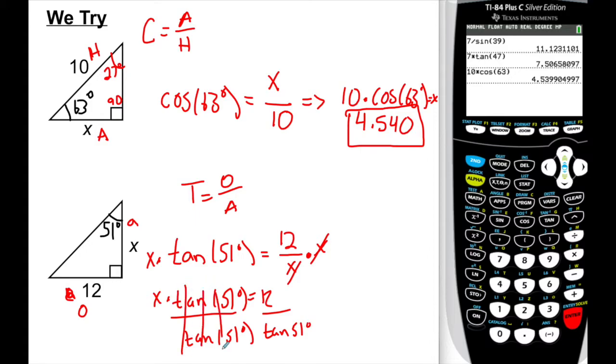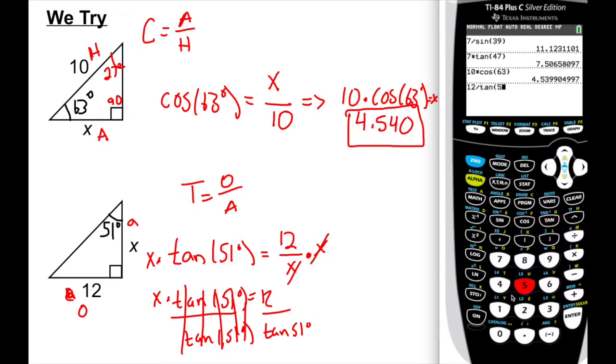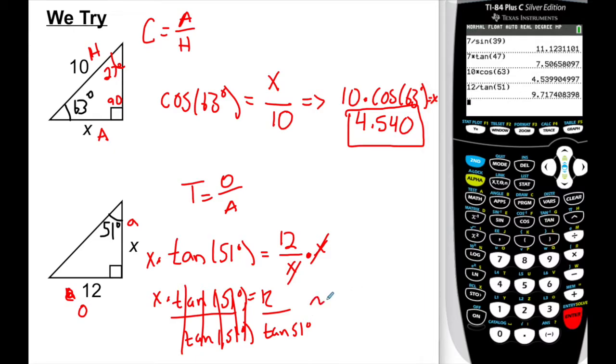So this cancels. Now what I need is 12 divided by the tangent of 51. And that gives me approximately 9.717. Great. So 9.717 is the answer there.